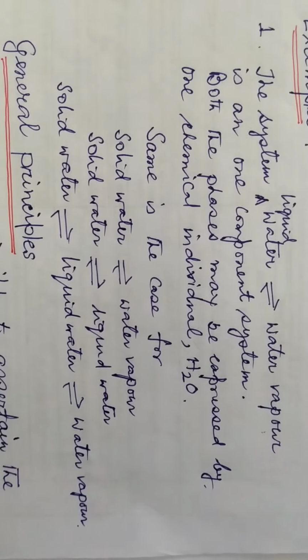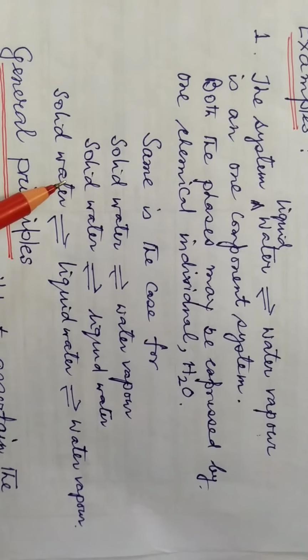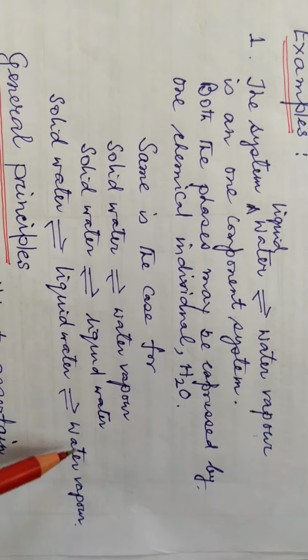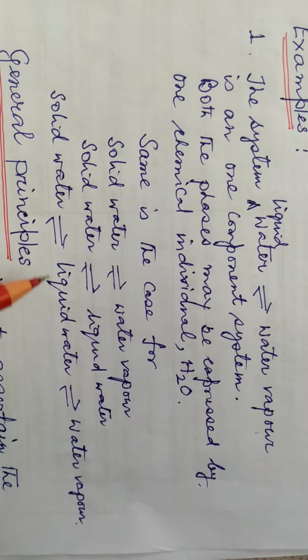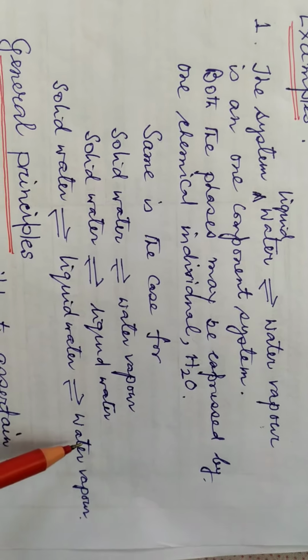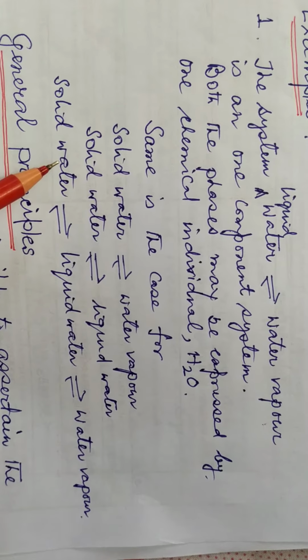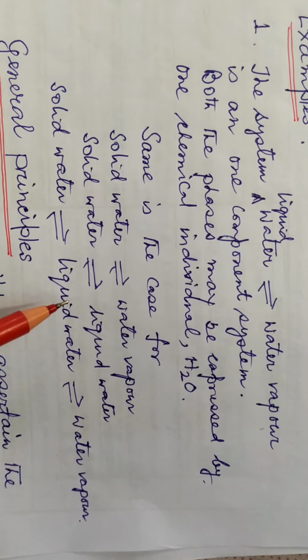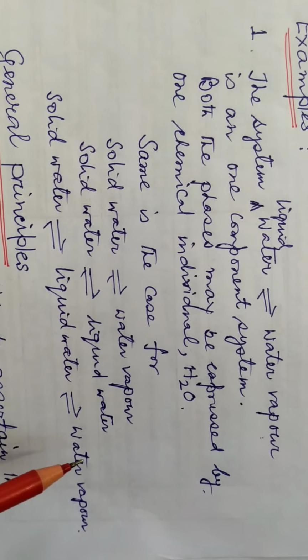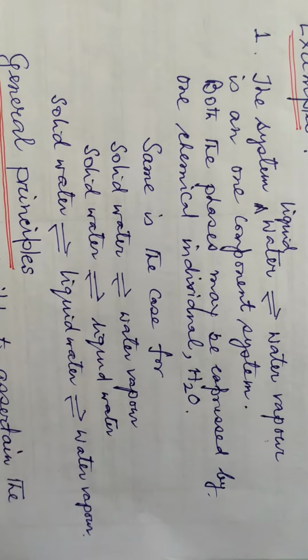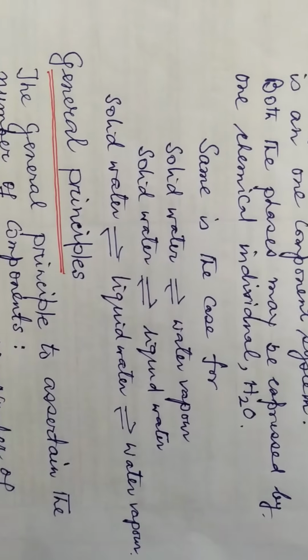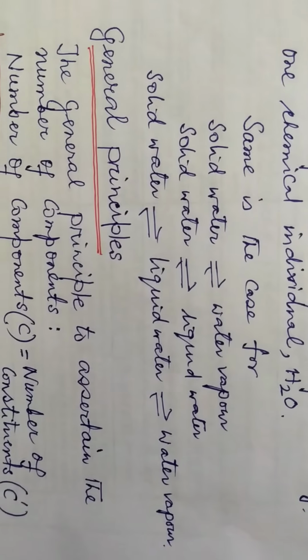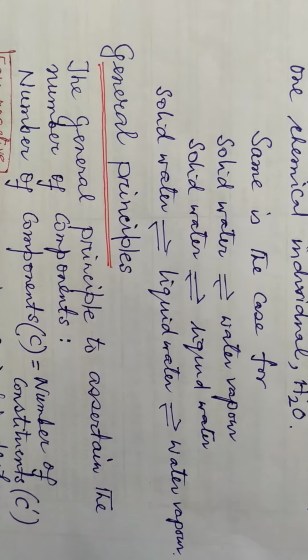When three states, that is solid water, liquid water and water vapor, are in equilibrium, it is also a single component system, because solid water, liquid water, and water vapor are all expressed as H2O. Now there are some general principles to ascertain the number of components. What is that principle?